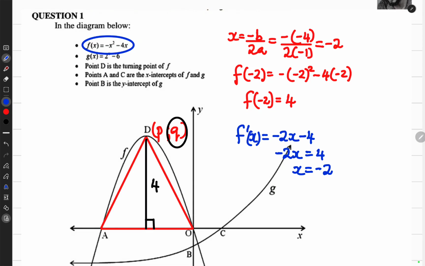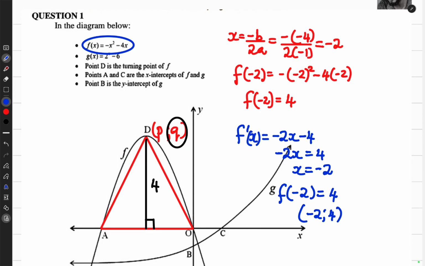So once again, x is negative 2, then f of negative 2 would definitely be 4. Then your turning point would be negative 2 and 4, and you would conclude that the height is 4 units.